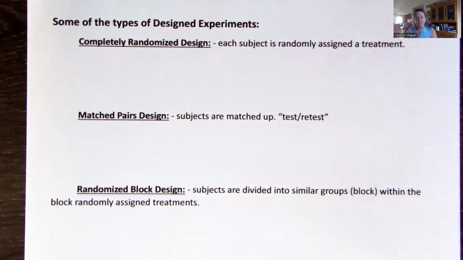A matched pairs design, the subjects are matched up to have some sort of similarity in the people, but differences in the treatment. So there's a couple different methods here. One is to match people up with somebody else.